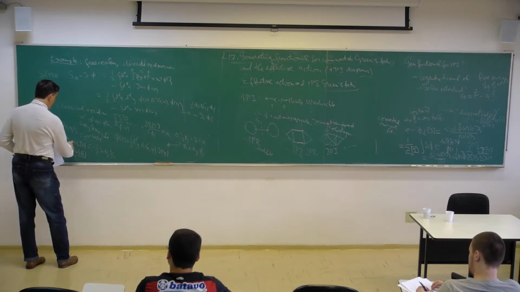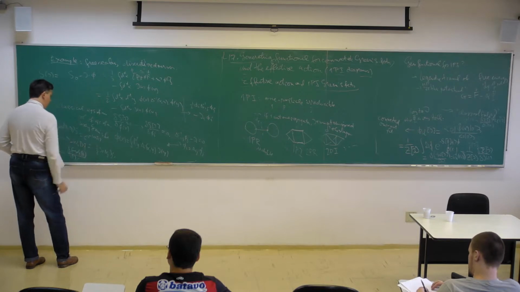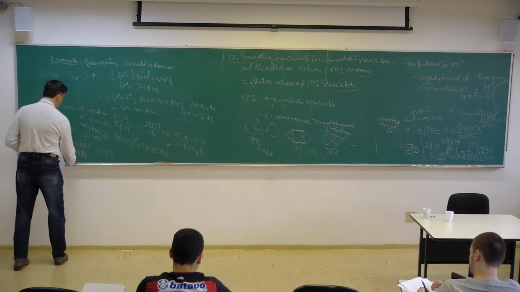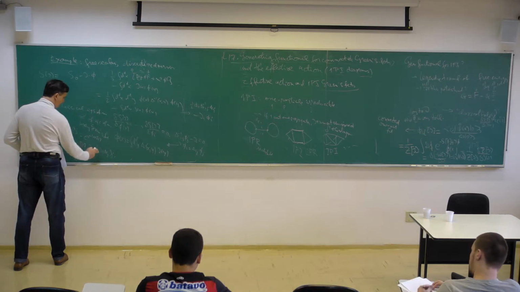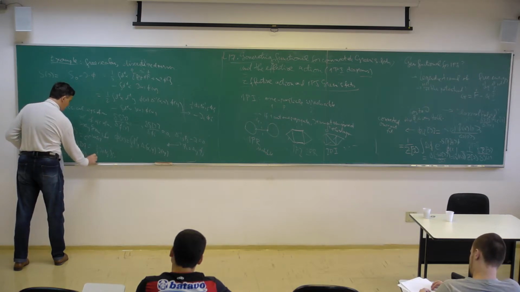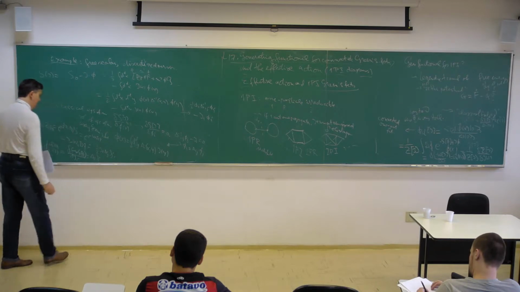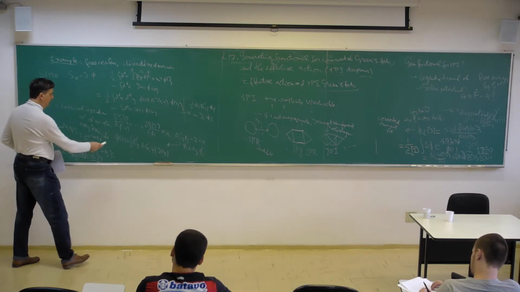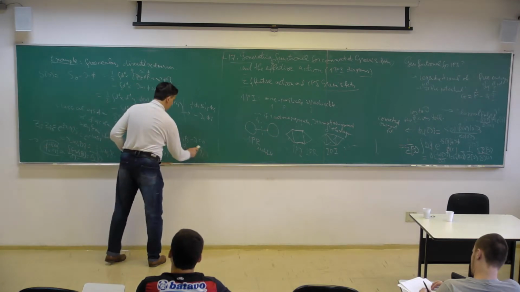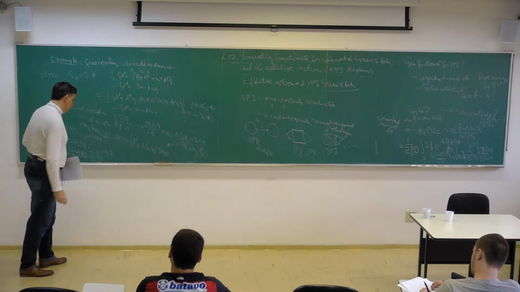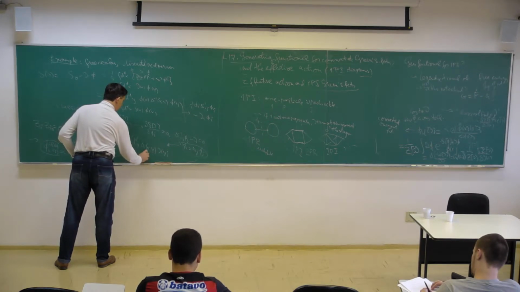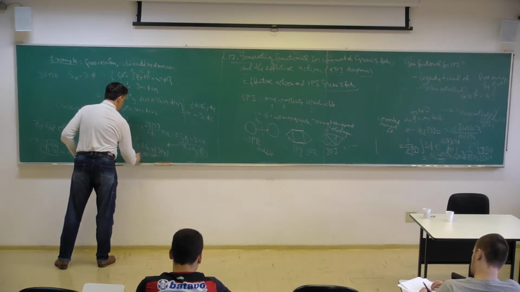So minus W is 1/2 J Δ J. Differentiating with respect to J, I get two terms, cancels the 1/2, so this is Δ J_j. So it's the same result as the classical solution.